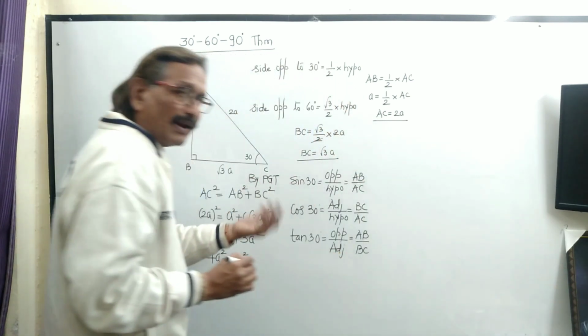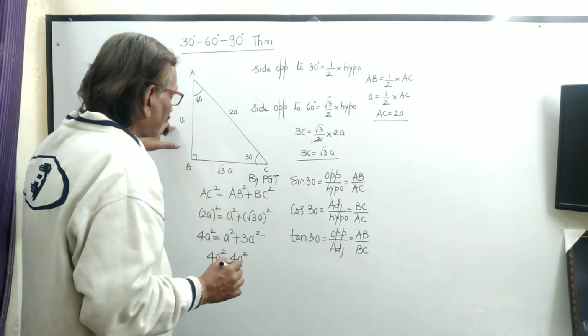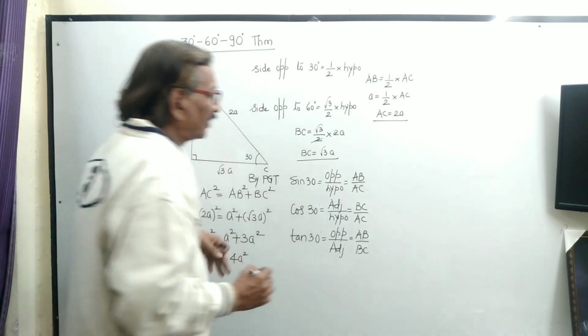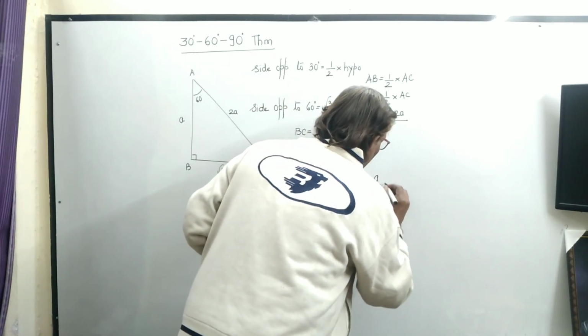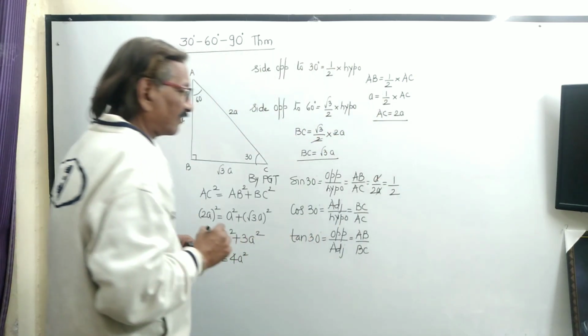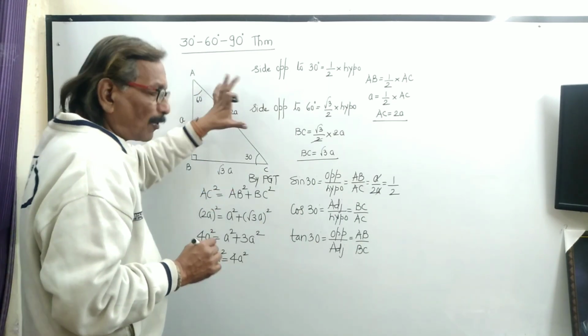Now substitute the values. What do you get? Sine, opposite upon hypotenuse, a upon 2a. That means 1 by 2, as this a is going to get cancelled. Adjacent upon hypotenuse, root 3a upon 2a.